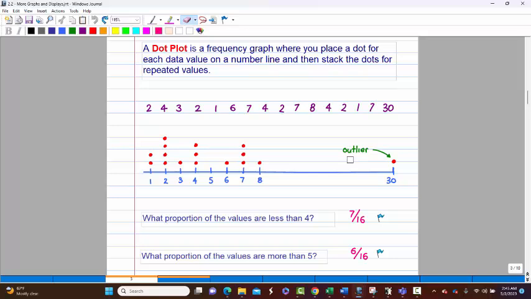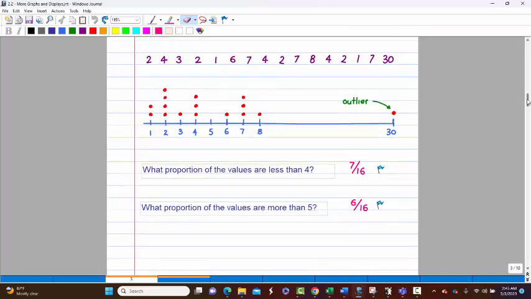You could have a bunch of larger numbers and then have a small number as your outlier, so it works both ways. If I had this scaled a little better, you would see that 30 visually would be even farther away than it is in this picture. That's the idea of an outlier, but we'll see more precise ways to determine it. That's just the general definition of what it means.